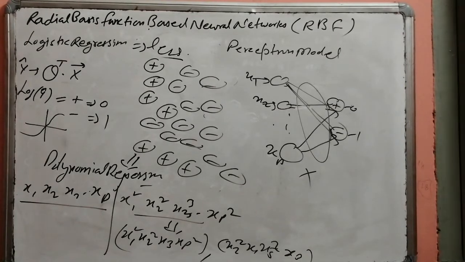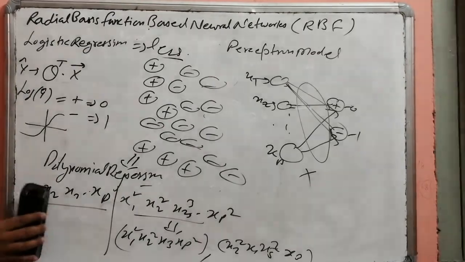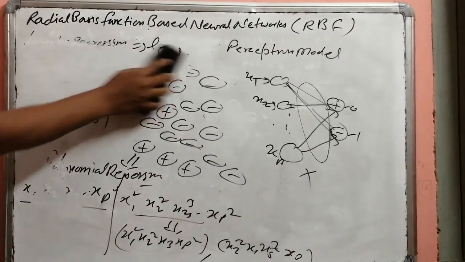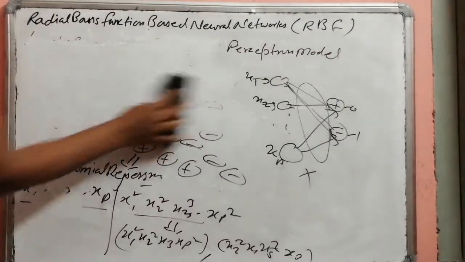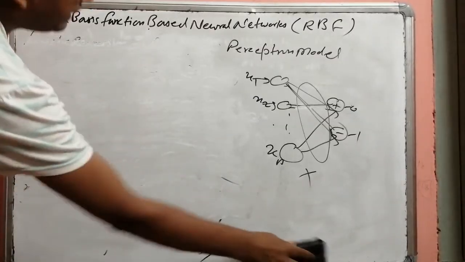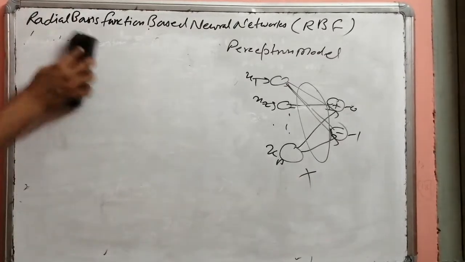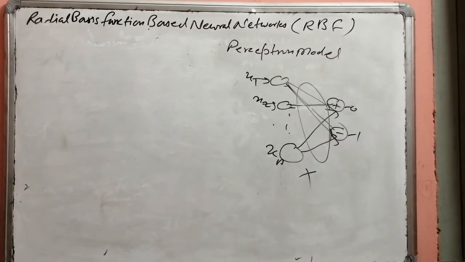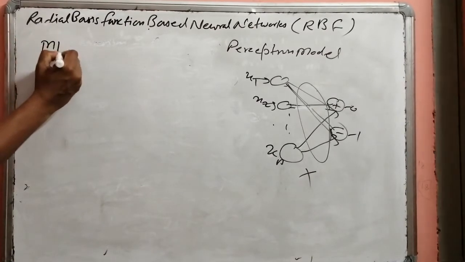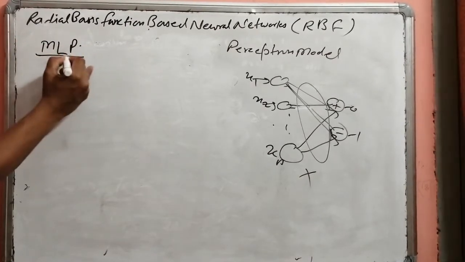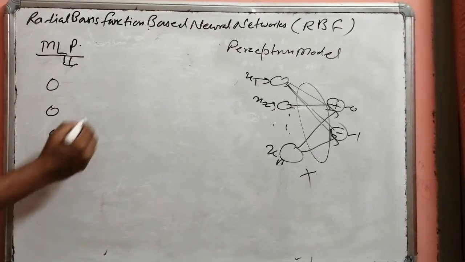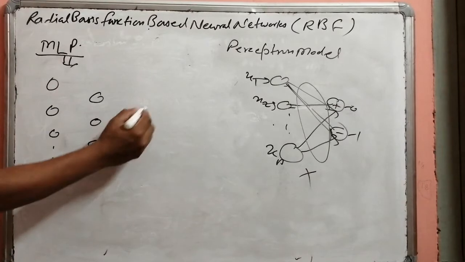On the other side, if we talk about neural networks, we know that the single layer perceptron failed miserably while solving problems which are non-linearly separable in nature. Then the multi-layer perceptron, that is MLP, tried to solve it by the addition of some hidden layers.